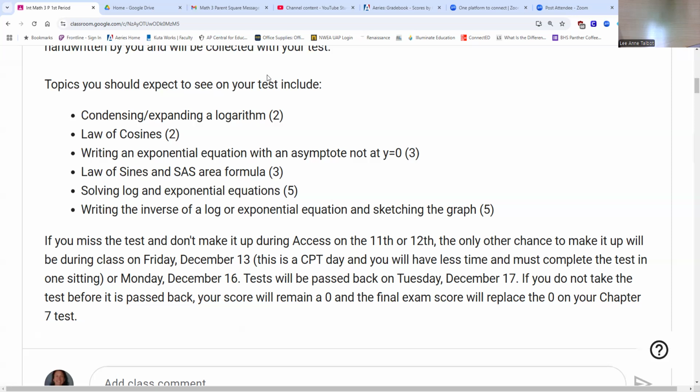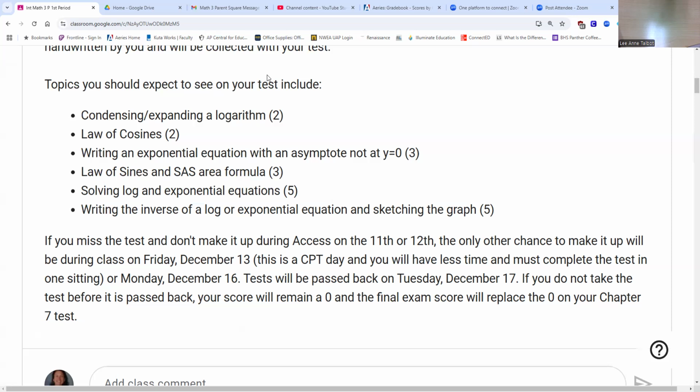But after you take the final exam, I'll take your final exam grade, your percentage, and plug it back in that test spot. This is a very special announcement. Your final exam, if you do better on that than any one of your chapter tests, I'm going to replace your lowest chapter test with your final exam grade. However, if you miss this test, that will be the one. You don't get 2.